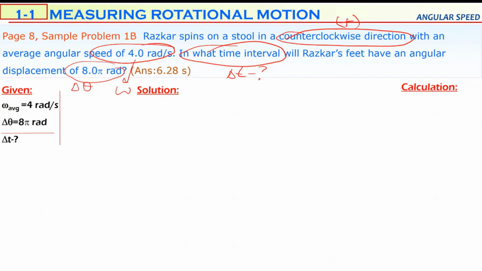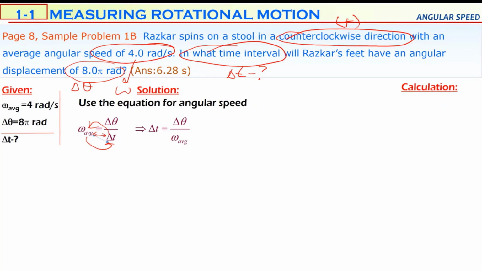We will use the definition of average angular speed, delta theta over delta t. Of course, we want delta t, not omega average. Delta t is going to be delta theta over omega average. Delta theta is 8 pi, pi is 3.14, so we write 8 times 3.14.